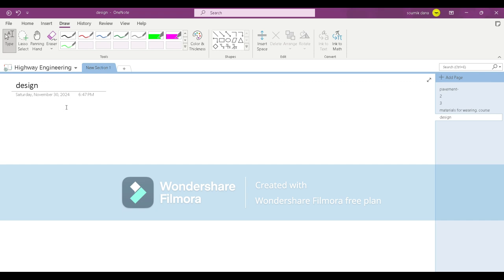There are various techniques to design the flexible pavement.